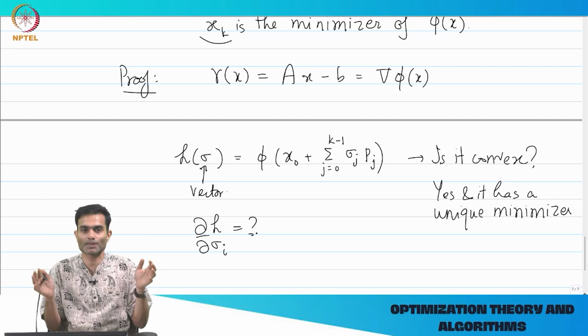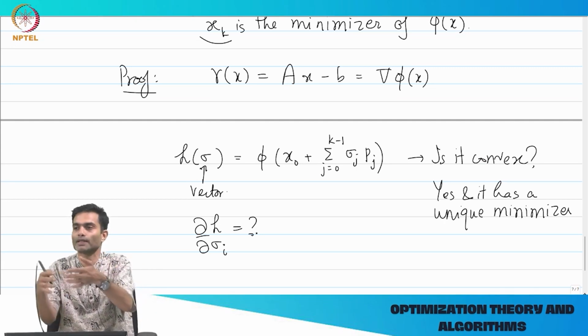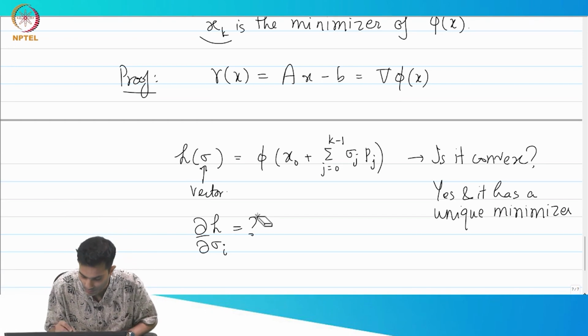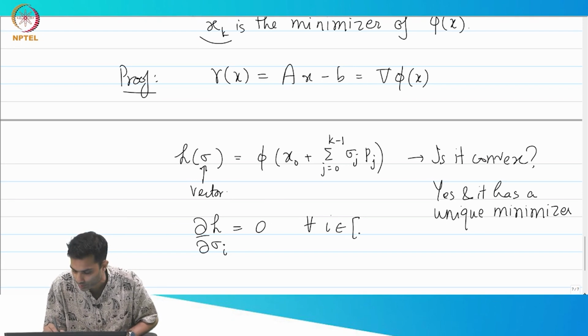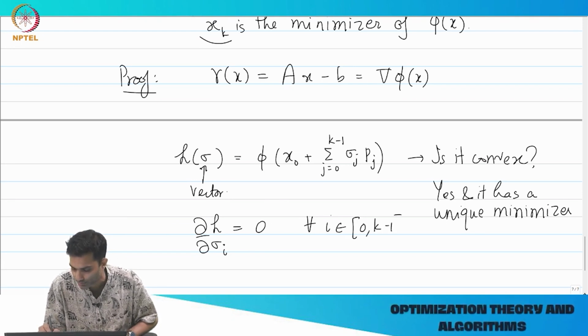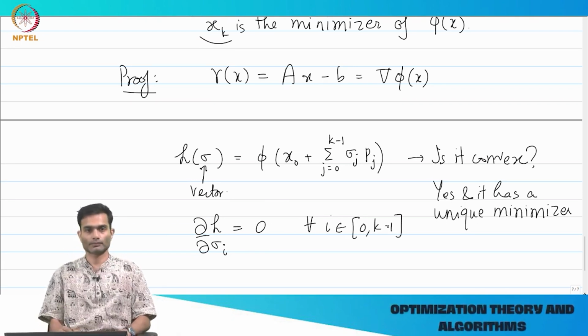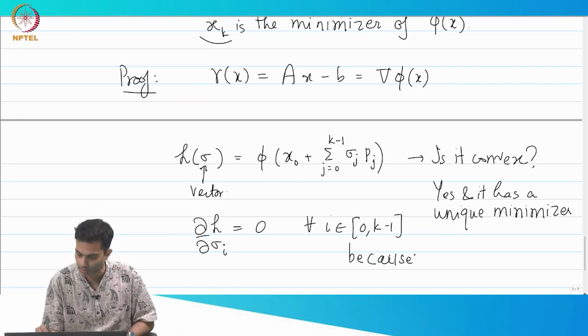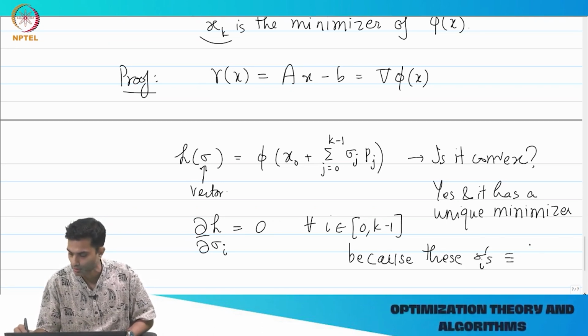If this function has a minimizer, it will be expressed as some values of the sigma. So the rate of change of this is going to be 0 for all i belonging to 0 to k minus 1, because these sigmas give the minimizer.